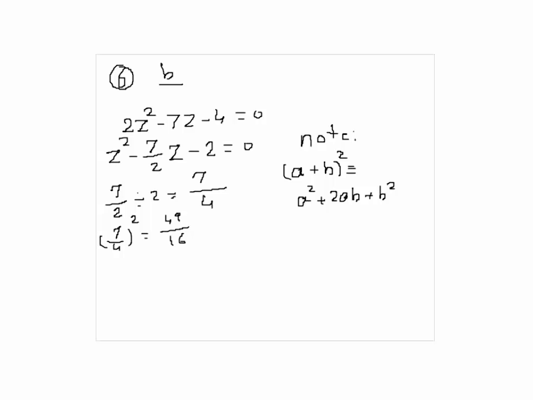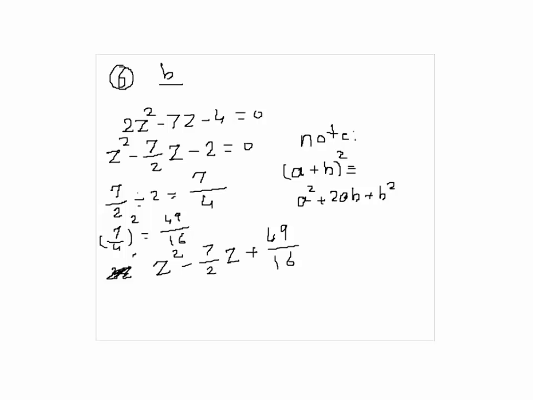This is the number that, if I add it to the original problem, will let me change it to a complete square. So I'm going to write it again: z squared minus 7 over 2 z, and I add the number I found, 49 over 16.